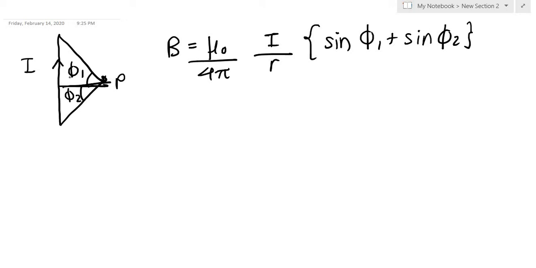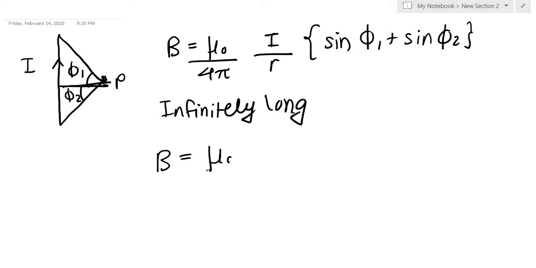And now this is interesting, because as this wire gets infinitely long, then this phi 1 goes to 90, phi 2 also goes to 90, and so they have sine 90 plus sine 90, which is a 2. So for the infinitely long case, the formula is mu naught by 4 pi 2I by R.